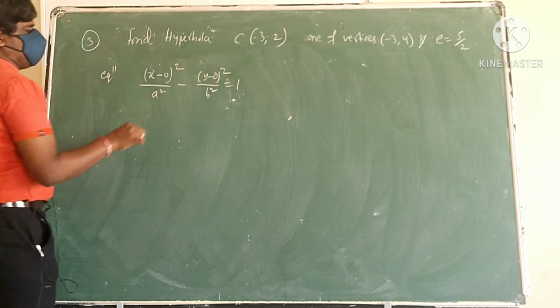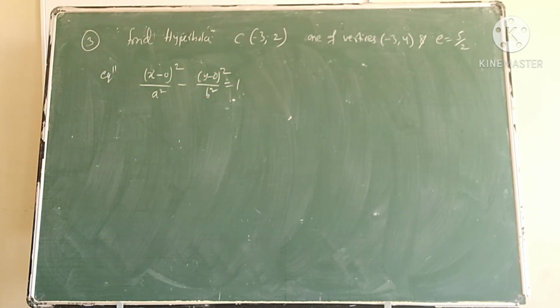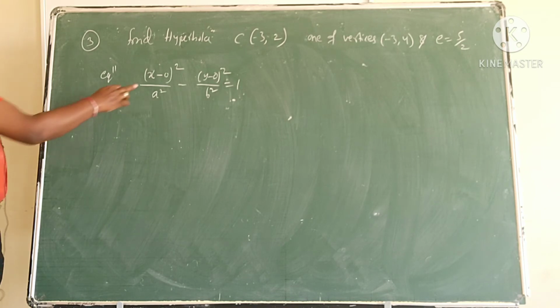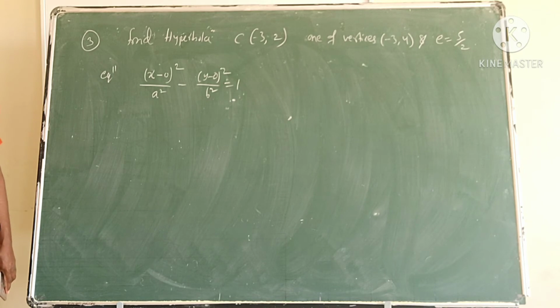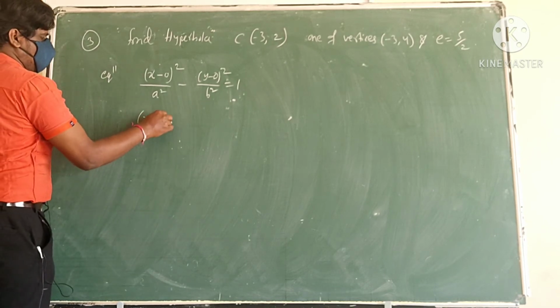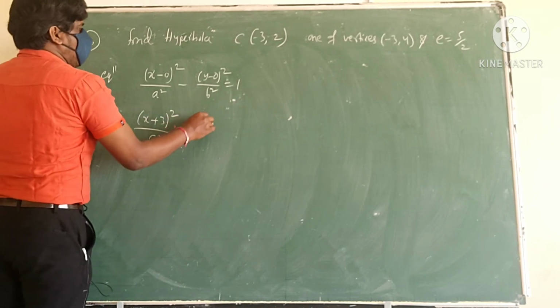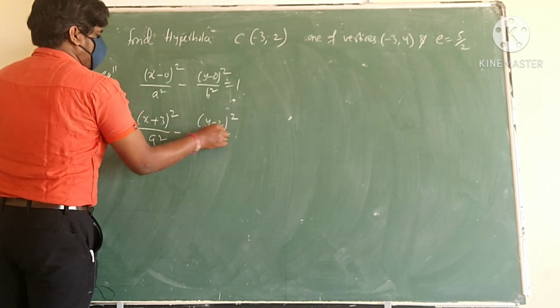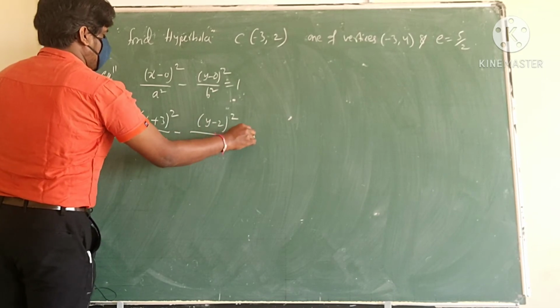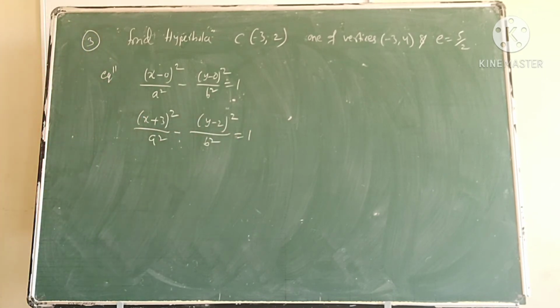This is standard when the center is 0, 0, meaning we are not writing 0 here. We write x square by a square minus y square by b square equal to 1. But when the center is given, then this will become x plus 3 whole square by a square minus y minus 2 whole square by b square is equal to 1. This is the equation of hyperbola.